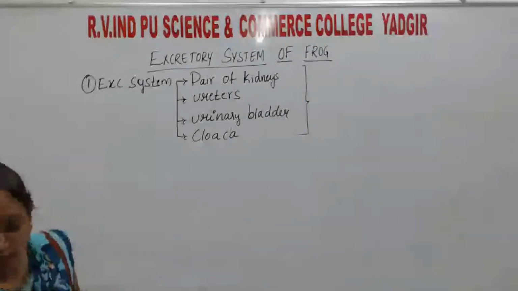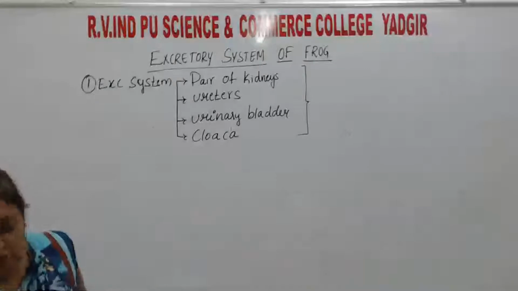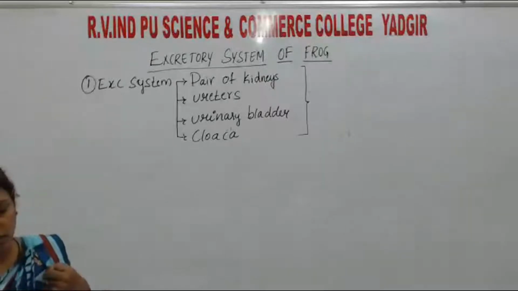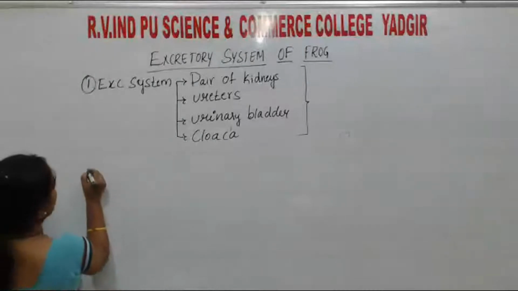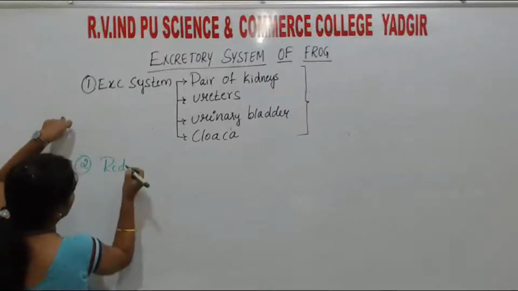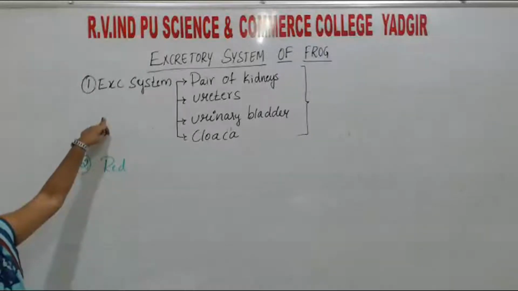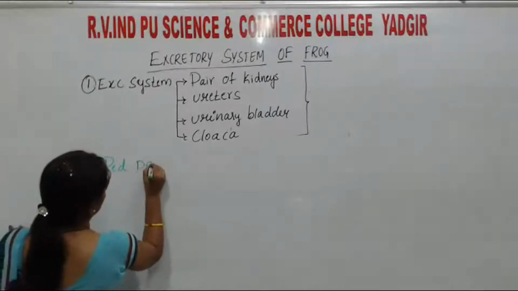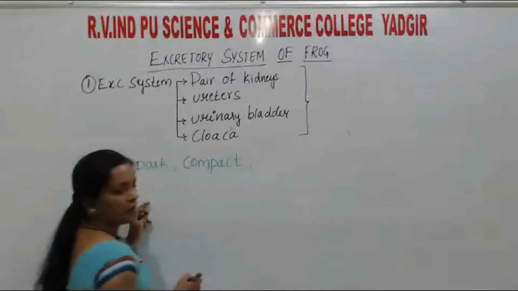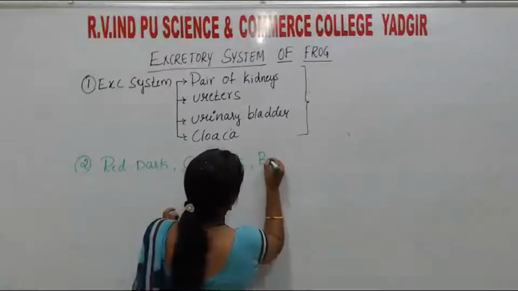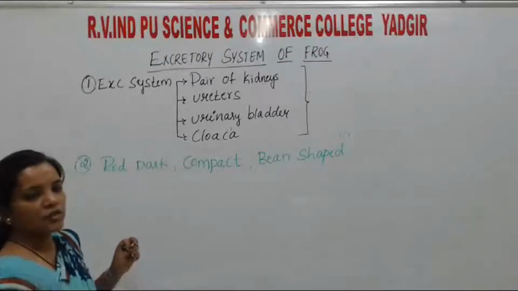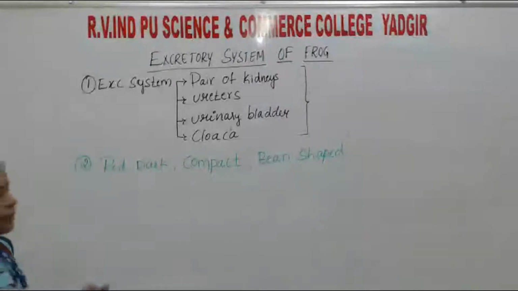Next, the kidneys are compact, dark red, bean-shaped structures. Where are the kidneys and ureters located?